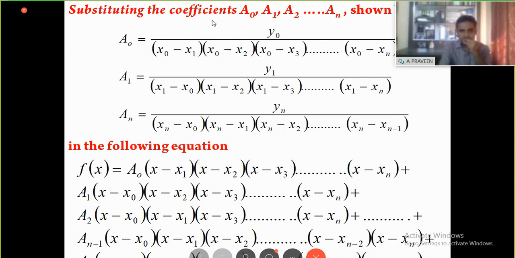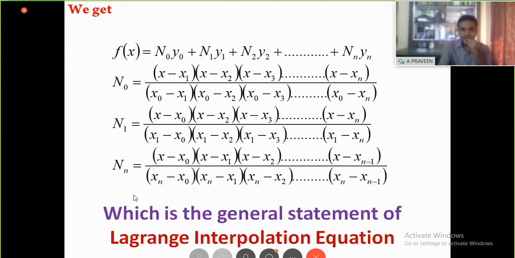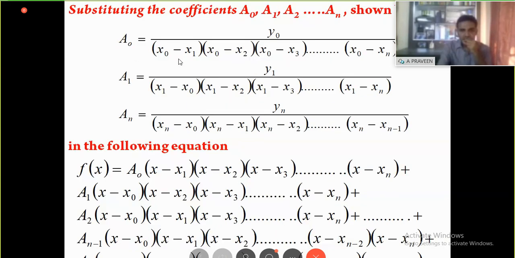So this entire set of results for A0 to An will go into this general function which is shown below. So we get it like this. Of course, look at this: A naught is Y naught divided by this. This will go in and A naught will capture this value.